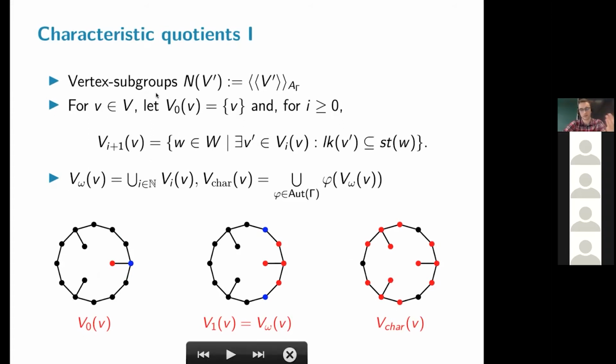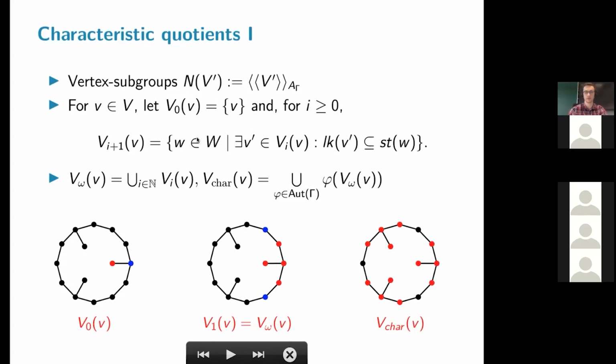Namely, the construction in more detail: you start with a vertex v, you put it in a set V0, and then inductively you add all vertices that would give rise to a transvection. So you add in the (i+1)th step all vertices w such that, for some vertex v' in the ith set, the map v' maps to v' times w is a well-defined transvection. In this way, you add all vertices that give rise to transvections, so that the resulting set is, in the first instance, closed under taking transvections.